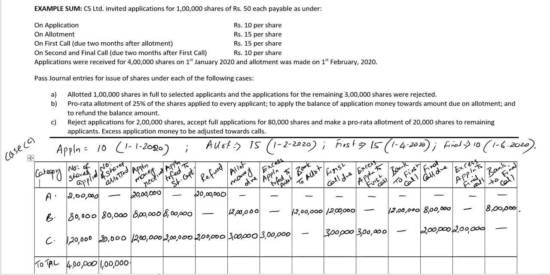And the amount transferred to the final call is 2 lakh. So it's 2 lakh plus 2 lakh plus 3 lakh plus 3 lakh and another 2 lakh. Let's total up the columns.